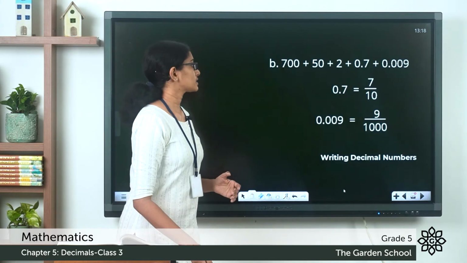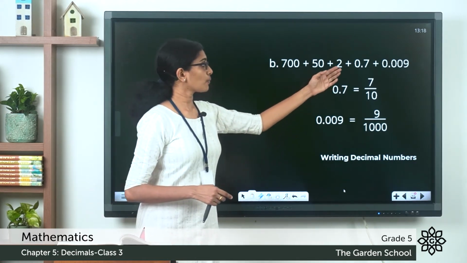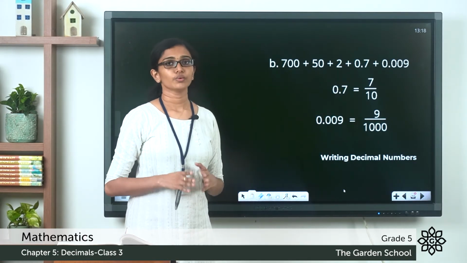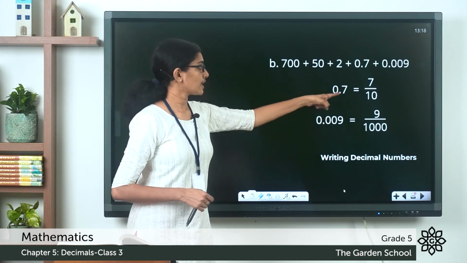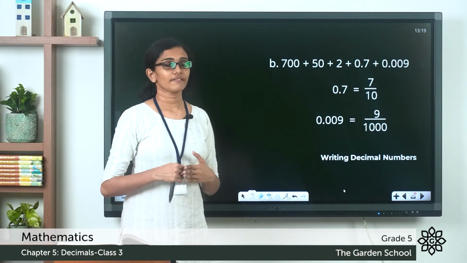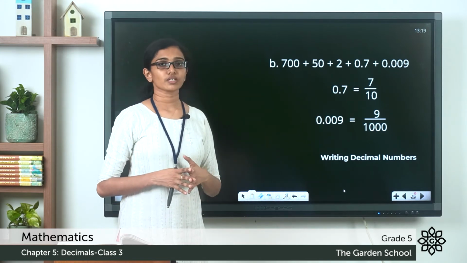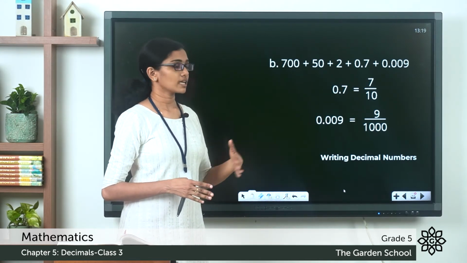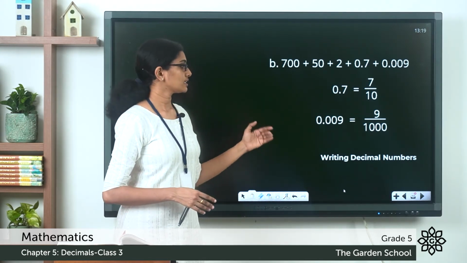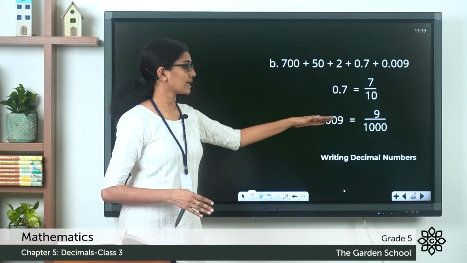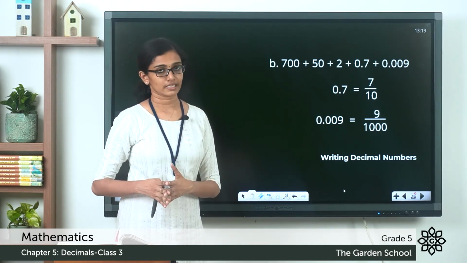So how do we write this? We know 0.7 is equal to 7 by 10. The place value of 7 here is 7 tenths or 7 by 10. And 0.009 can be written as 9 by 1000 because the digit 9 is in the thousandths place.